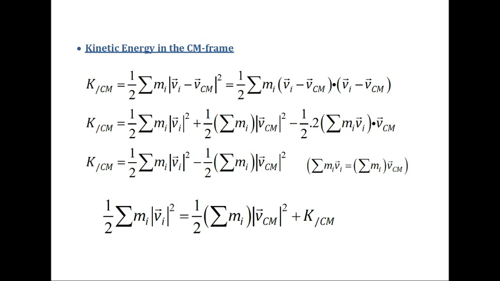So if I do the summation over each particle, I'm multiplying the mass of that particle with the same VCM square every time, and therefore VCM square comes out, and we get the summation of the masses, which becomes the total mass.